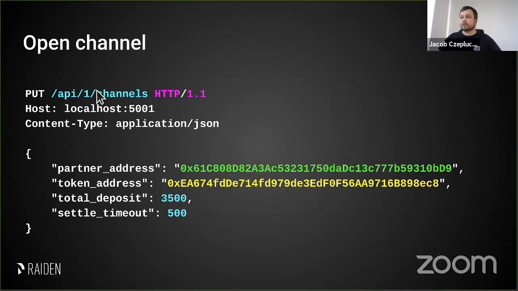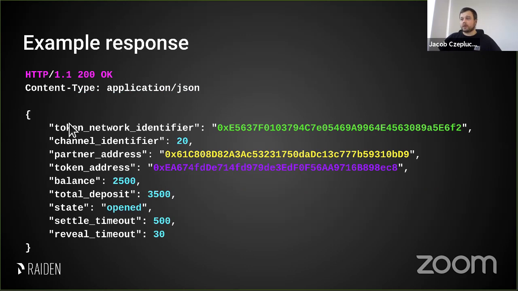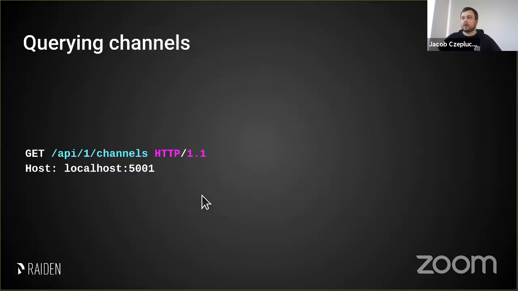A couple of examples on how to use the API. Here is how you can open a channel by just putting on the channels endpoint and providing the partner address, the token address, the total deposit, and a settlement timeout, which would then give the response of the channel as we saw before.